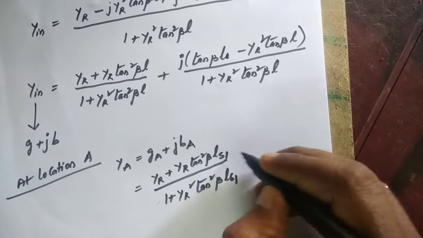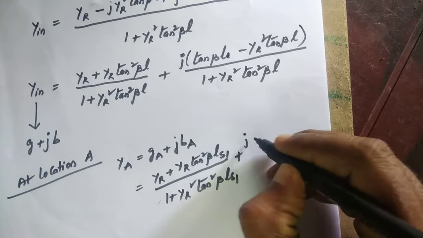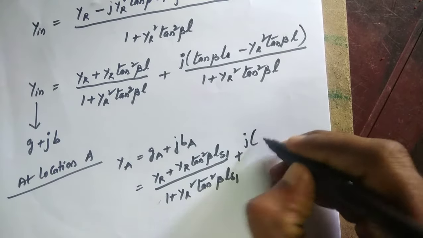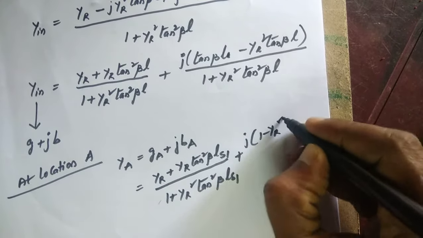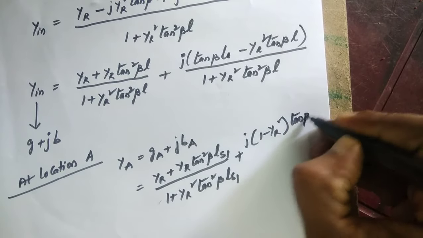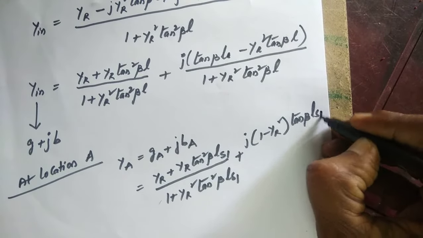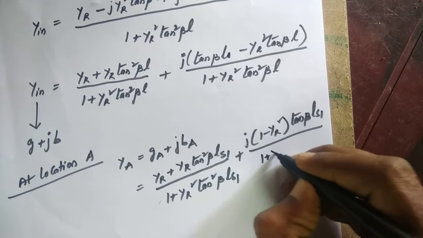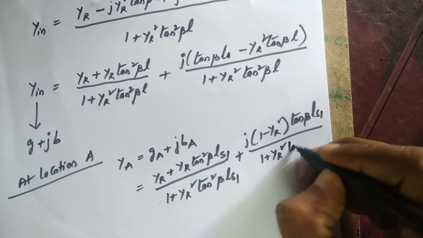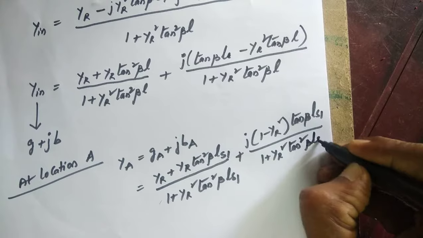And similarly the imaginary term is (1 minus YR square) tan beta LS1 divided by (1 plus YR square tan square beta LS1).